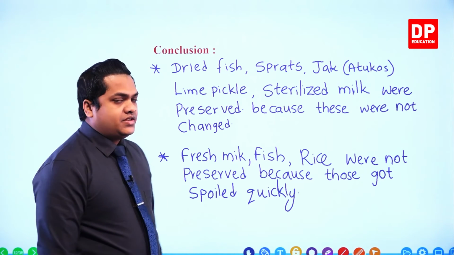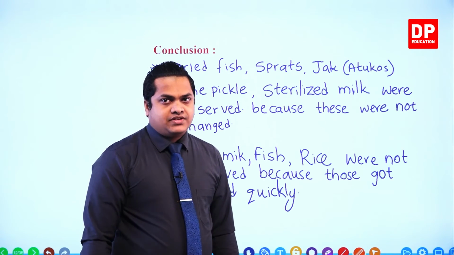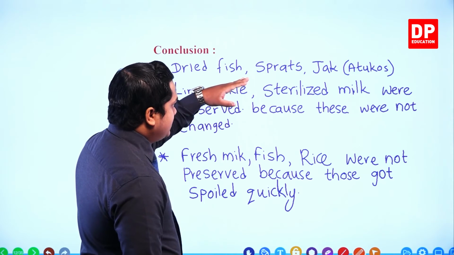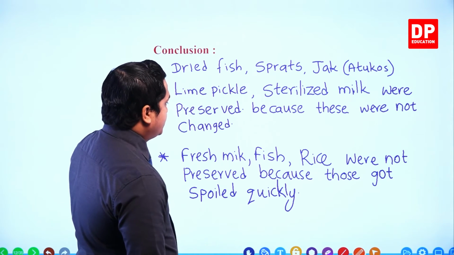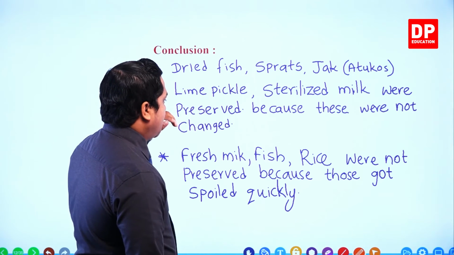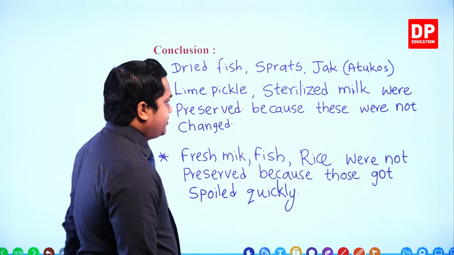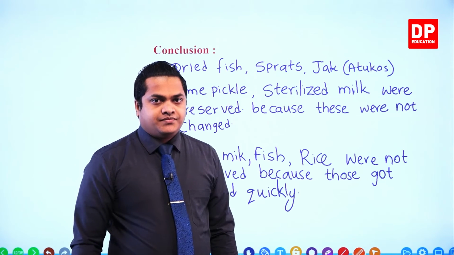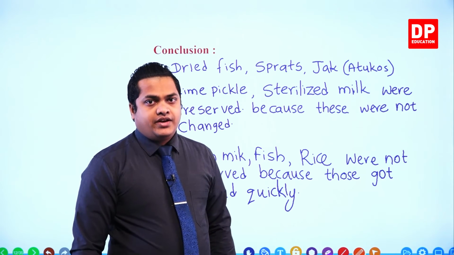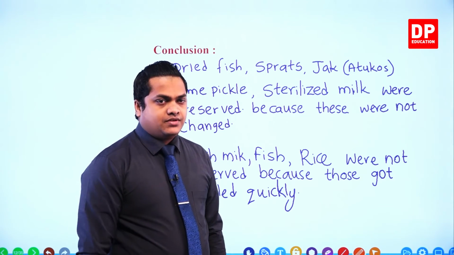So my dear children, this is the conclusion that we can take from the activity. What is that? Dried fish, dried sprats, dried jack or atukos, lime pickle, sterilized milk were preserved because these were not changed. Their texture, appearance or any other factor did not change at all. So we can say that these things were preserved.